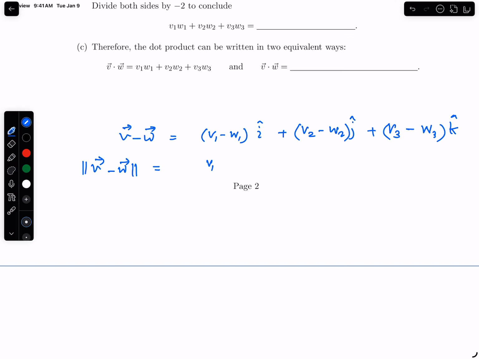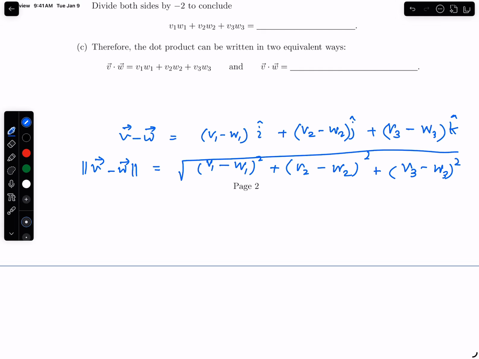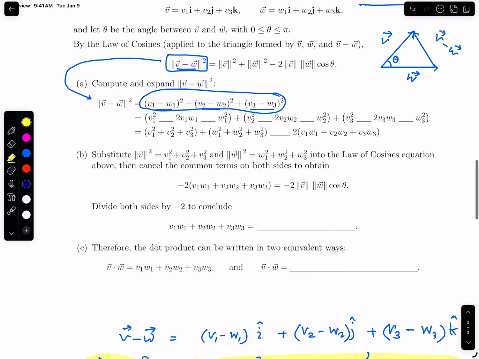Obviously that should be v1 minus w1 squared, you square each component, plus v2 minus w2 squared plus v3 minus w3 squared, and you take the square root. Now if you square both sides, the square cancels the square root, so we get rid of these. So this is what we get, which is the magnitude of v minus w squared, as you can see here.